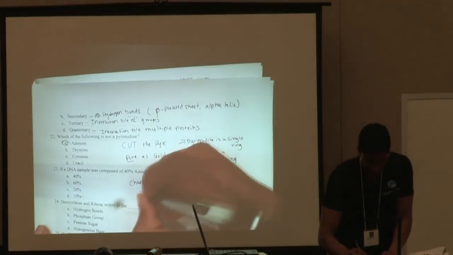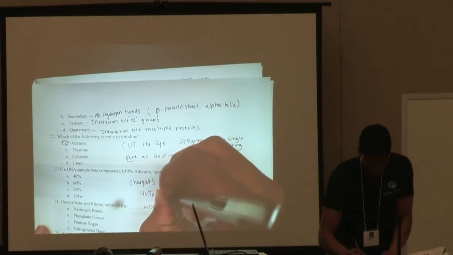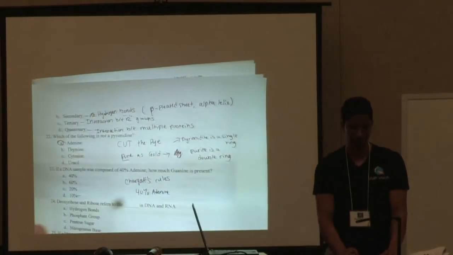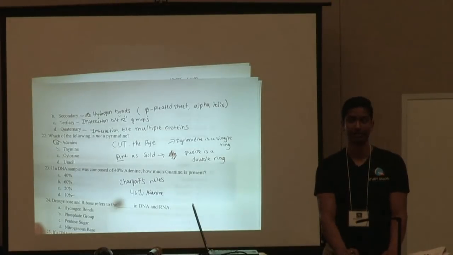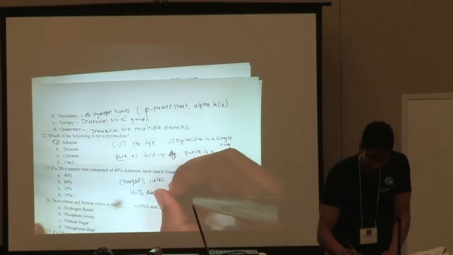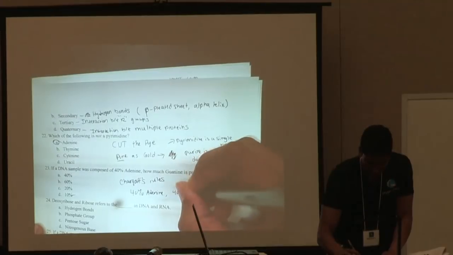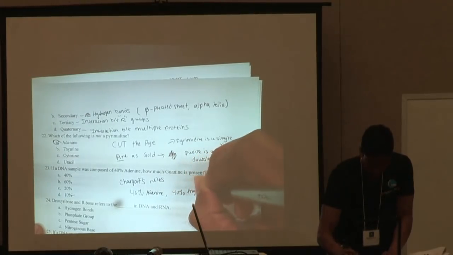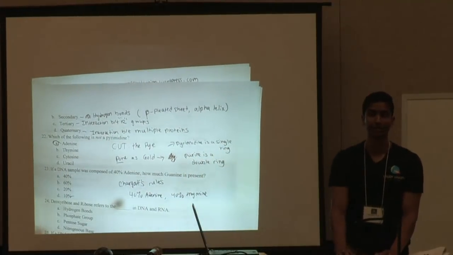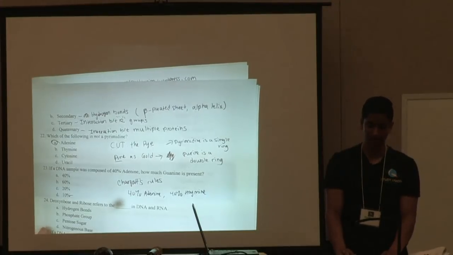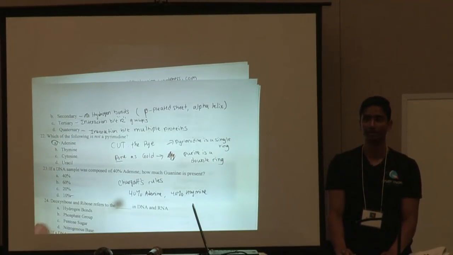So if we have 40% adenine, how much thymine do we have? 40%. So how much is left? There's 20%, right? So then 10% has to be guanine, and then the other 10% has to be cytosine.